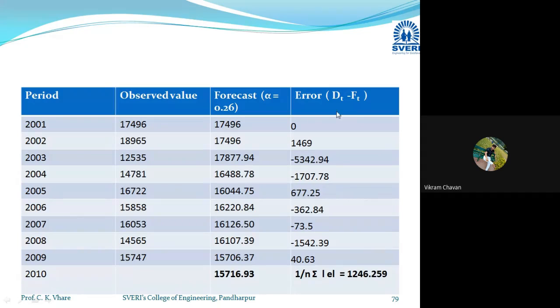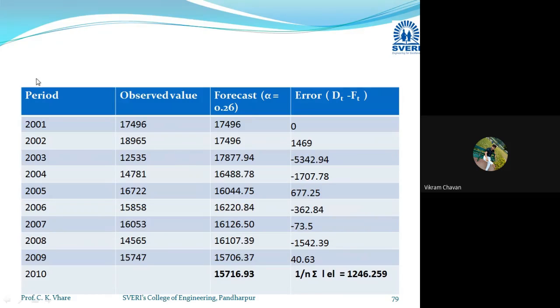Once again, as we don't have the initial forecast value, for that purpose we have to consider the initial period demand as the same as the forecasted value for that period.